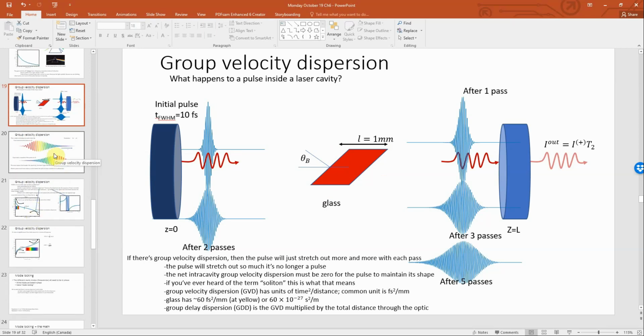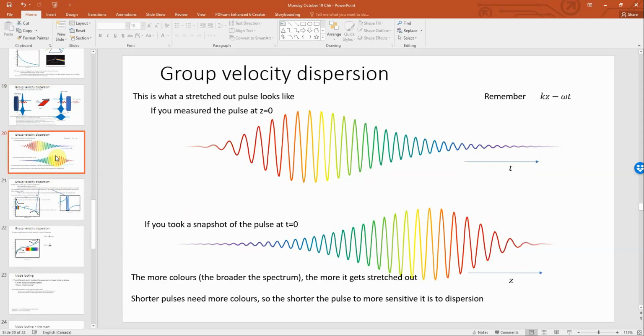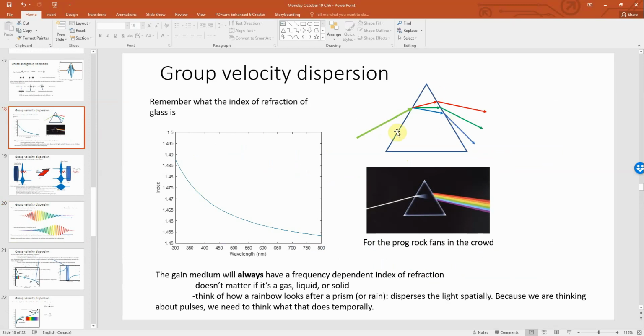Okay, I'll do a few more slides to talk about what we're going to be talking about on Wednesday. But just to understand what the signs look like, remember the phase is e to the i(kz minus omega t). If you're plotting your pulse in time, normal dispersion will stretch out the pulse like this. By normal dispersion, I mean you have a prism such that blue has higher index of refraction than red.